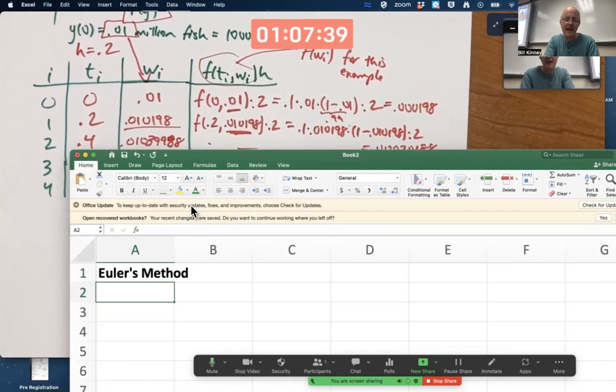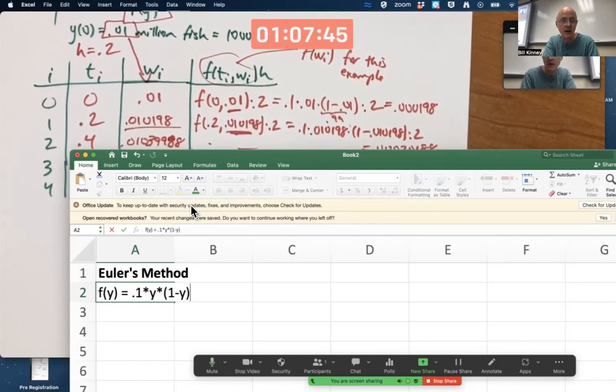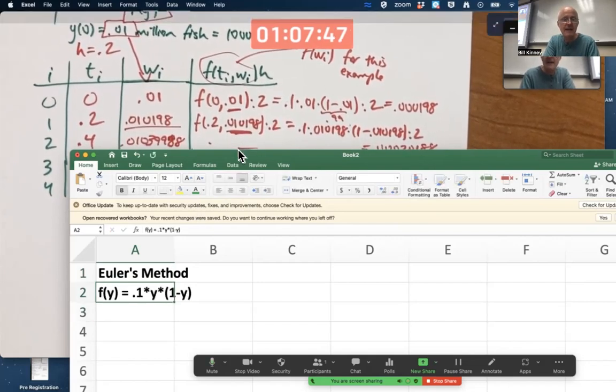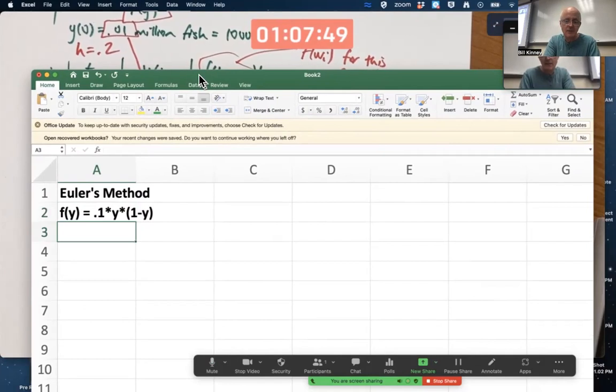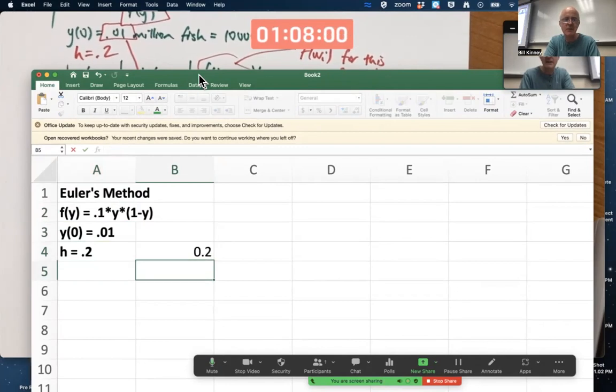For this example, my f of y function, I'll just type it as f of y: 0.1 times y times 1 minus y, just for reference sake. I'm using y of 0 equals 0.01 and h equals 0.2, which I think I'll put here in cell B2 as a number.